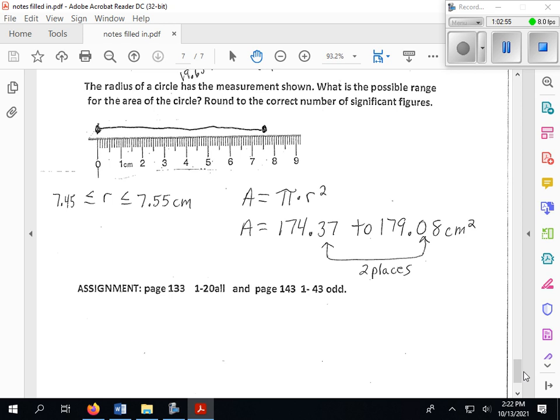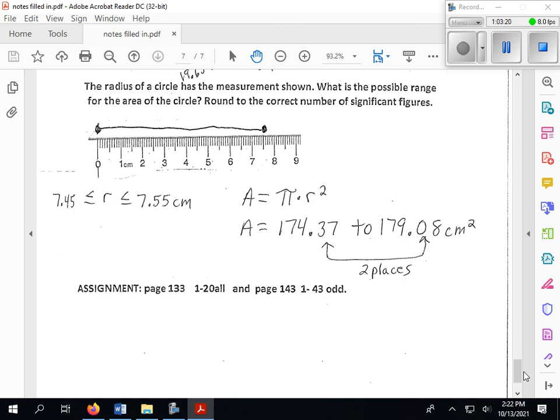Did I round it to the correct significant figures? Probably not. How many significant figures did we have in our measurements? 3. So we probably should have rounded it off to how many places? 3. So instead of 174.37, what should this have rounded to? 174.